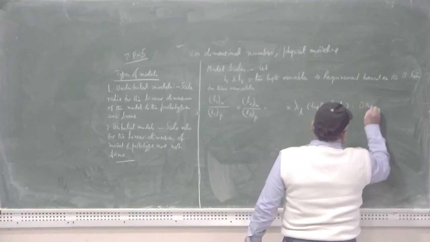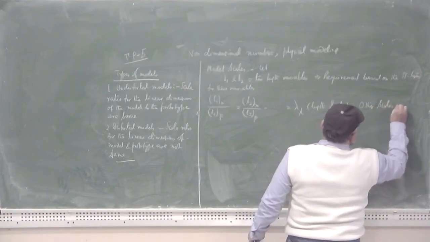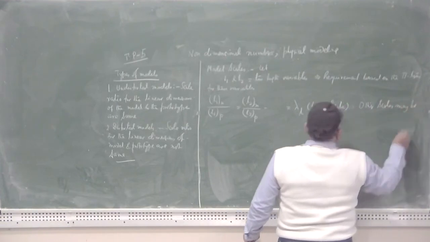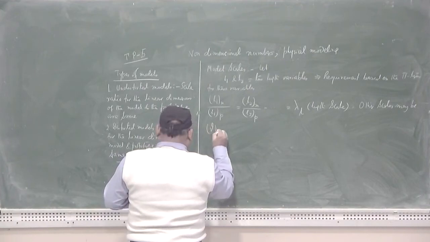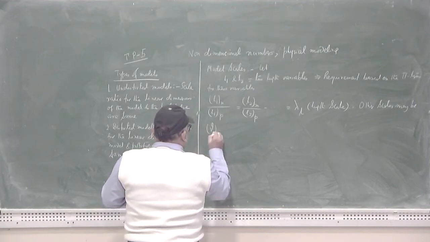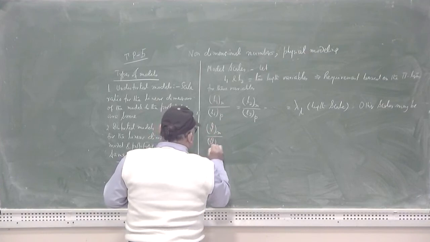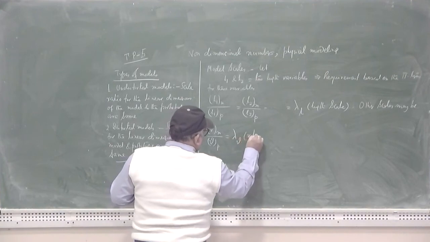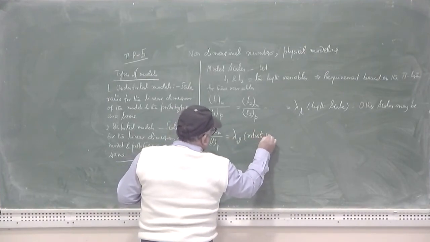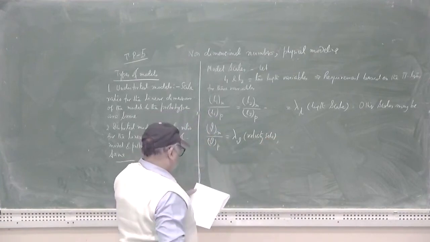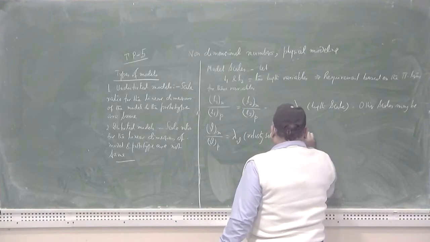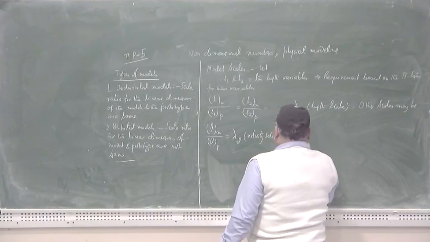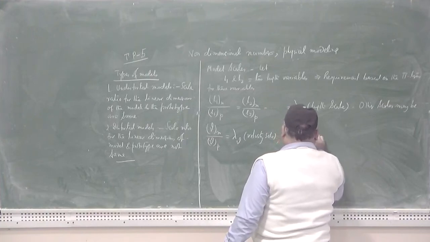Other scales may be velocity in the model divided by velocity in the prototype. This is called the velocity scale, lambda v. Density of the fluid in the model divided by density of the fluid in the prototype is called lambda rho.